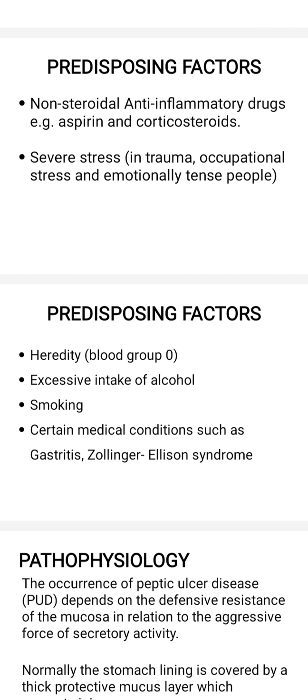We've got heredity, such as people with blood group O and blood group A. Excessive intake of alcohol is one of them. Smoking, and certain medical conditions such as gastritis and Zollinger-Ellison syndrome are also among them.